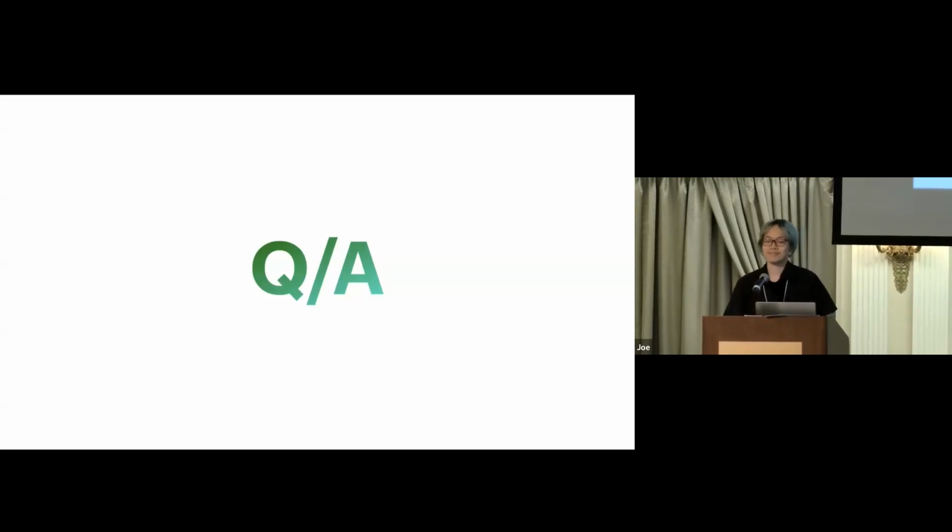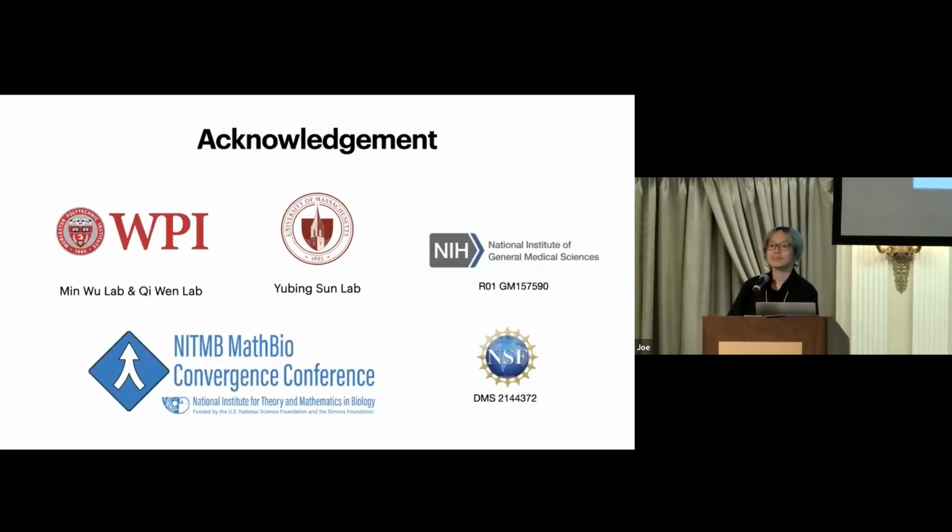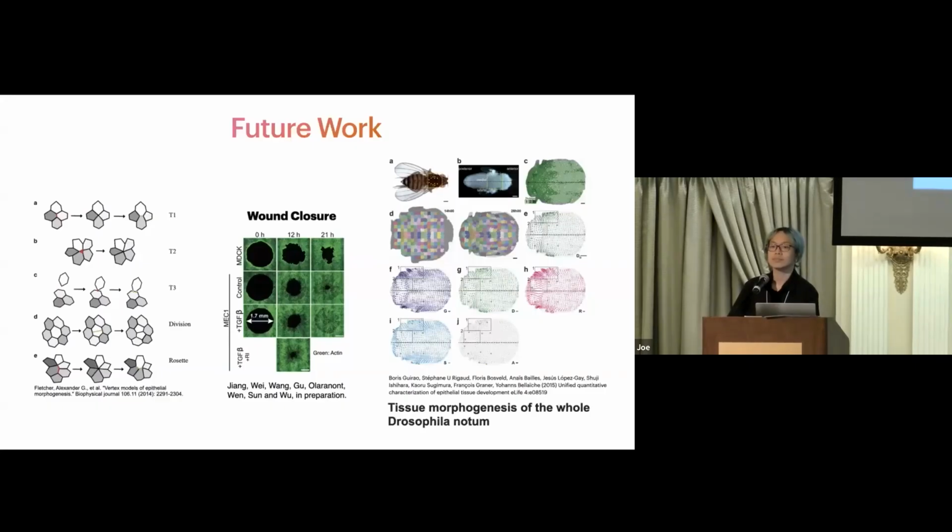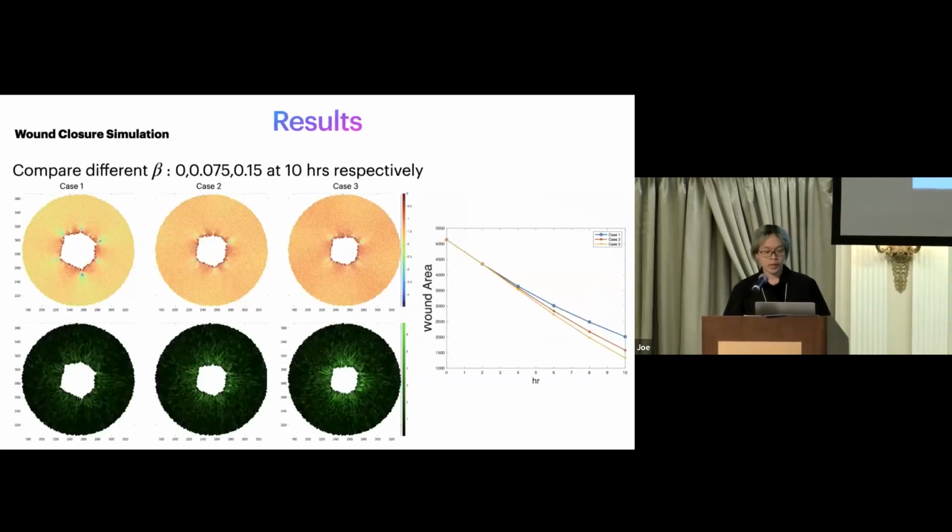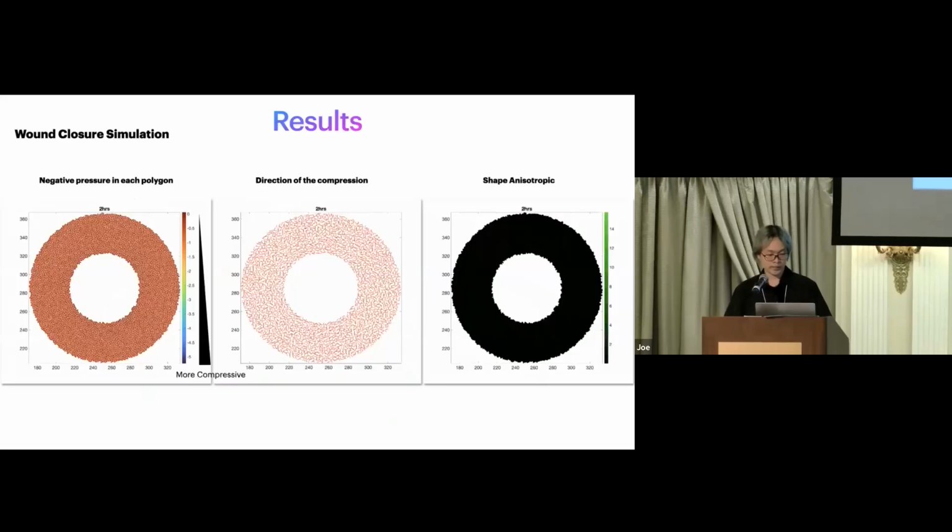Wonderful talk. I had just a curiosity: you told us that you have not included the T1 transitions as in the normal vertex model, right? Right, not yet. In spite of that, do you see any spontaneous neighbor exchanges in your simulations? Yeah. For example, let's go to the simulation here.